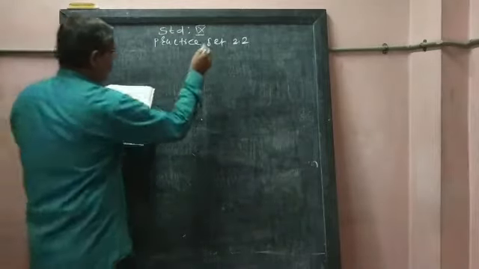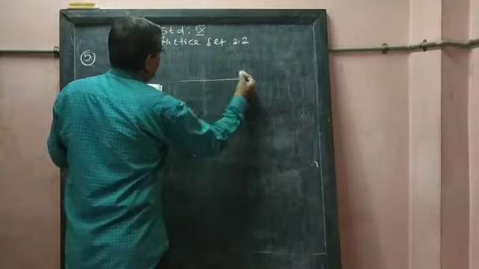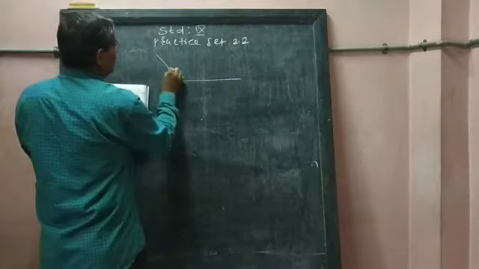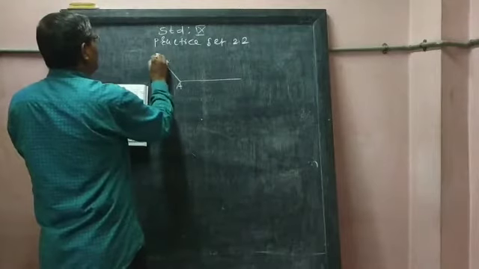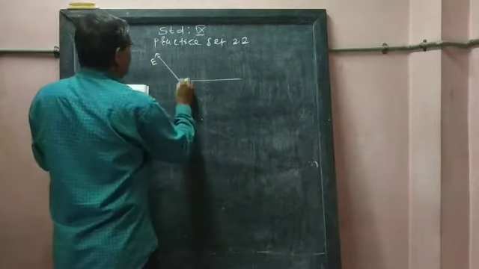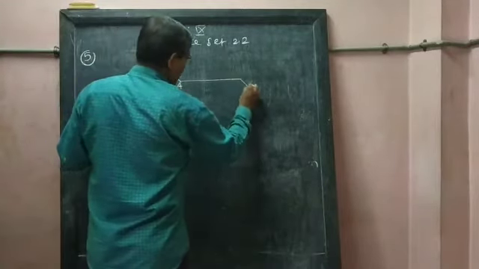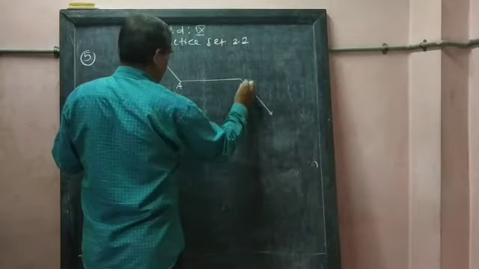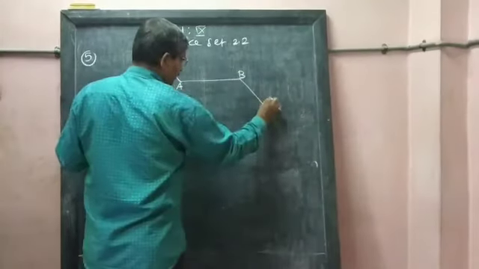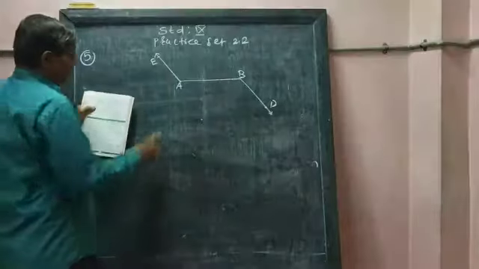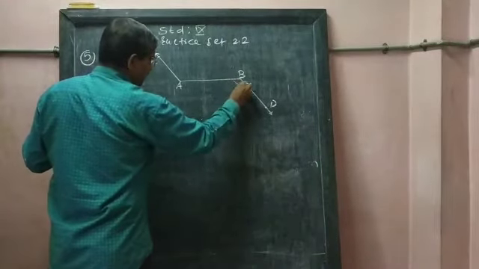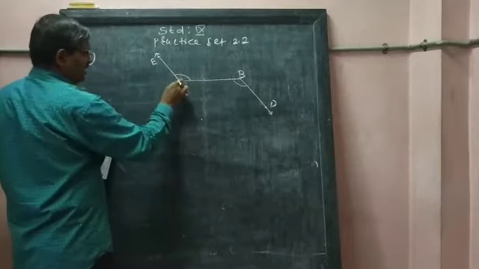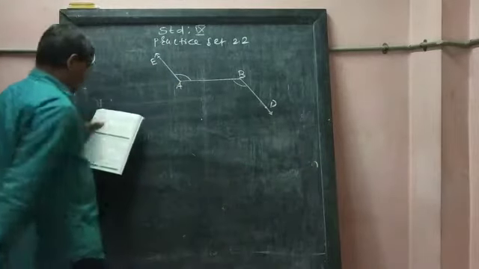In this question number 5, look here, there is AE, one ray, and there is another ray called BD. Means what? EAB and ABD are the two alternate angles if AE is parallel to BD.